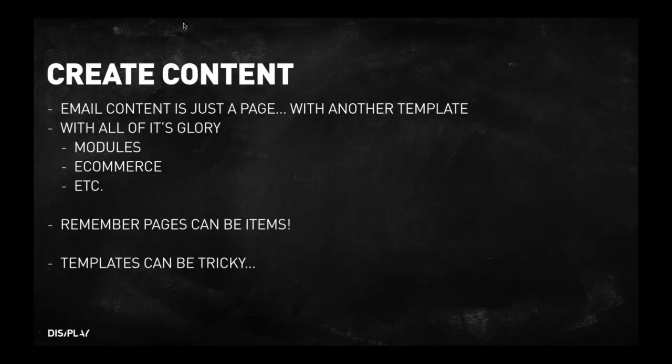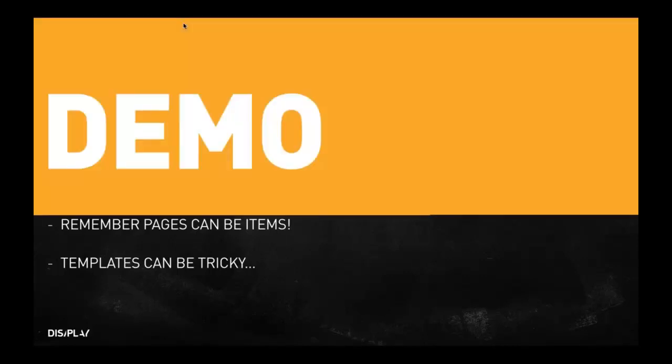And this is fairly simple for the editors, but it's also really usable, because they can use the content that they have already created, or they can use modules like the e-commerce system in order to send out products, etc. So you simply create a page, and of course you need another template, because now it's not a web browser who sees it, it's an email client.